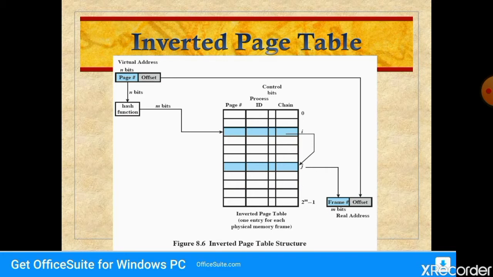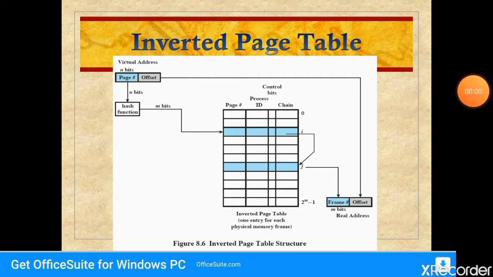As you can see here, the inverted page table is of fixed size, equal to the number of frames in the main memory. So if there are 2 power m locations or frames in the main memory, then entries 0 to 2 power m minus 1 are there in the inverted page table.